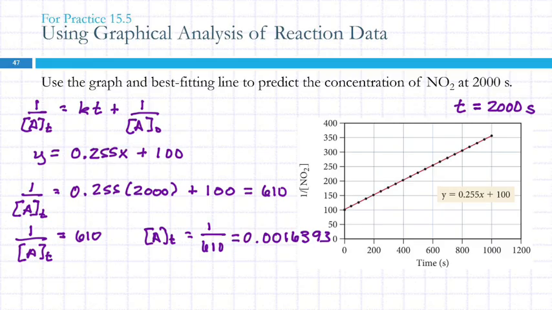We'll do the num solve. I'm going to clear this out. Oh, missed the button. There we go. So on the left, I have a fraction, 1 over x. I would encourage you to use this fraction button. Makes it look like a fraction, less confusing. So 1 in the numerator, and I want my x in the denominator. Then I'm going to move over to the other side of the equal sign, 0.255 times 2,000 plus 100.